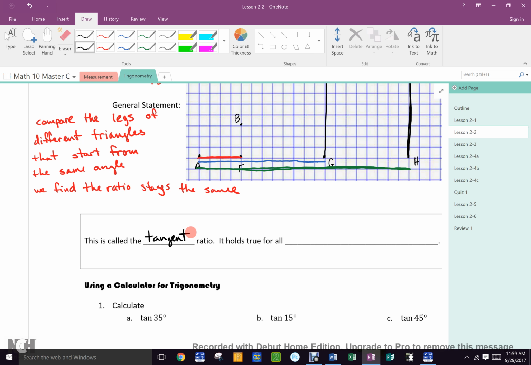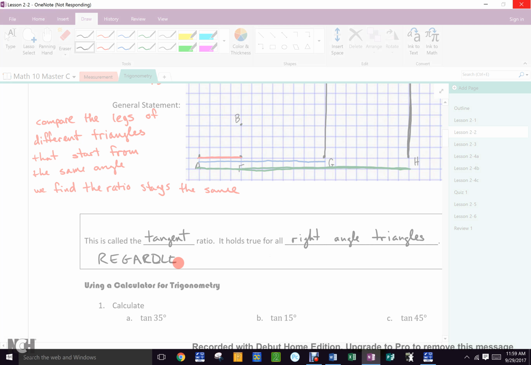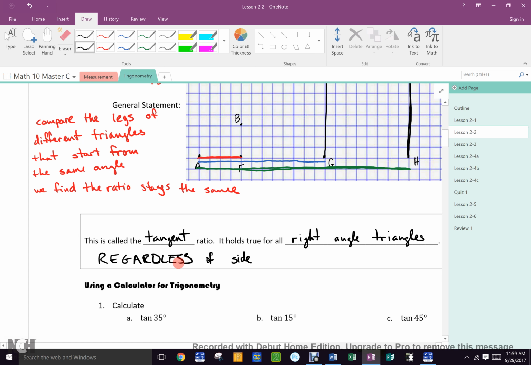All right. And this holds true for all right angle triangles. And then in this blank spot right down here, in big letters, regardless of side length.